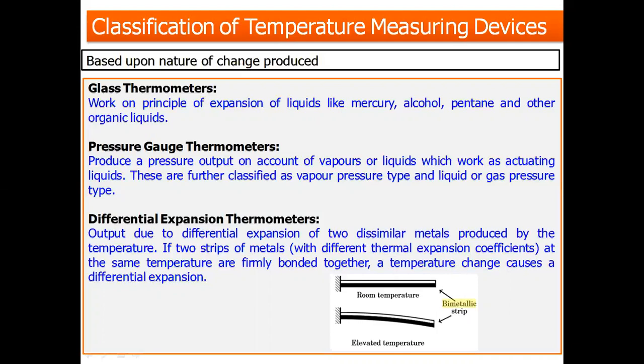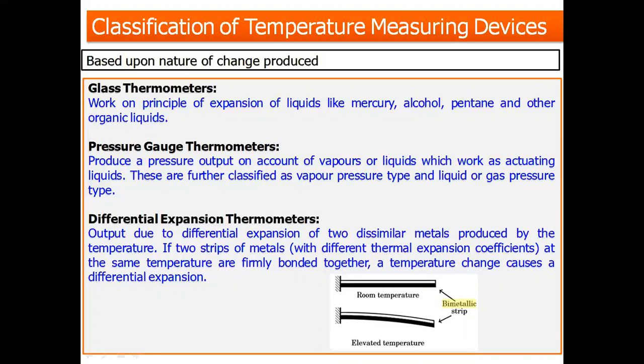We can also use alcohol, pentane or other organic liquids for this purpose. So it depends upon the expansion in relation to change in temperature. Then we can have pressure gauge thermometers. Over here, whenever the temperature rises, we have some liquid or vapor whose pressure changes.